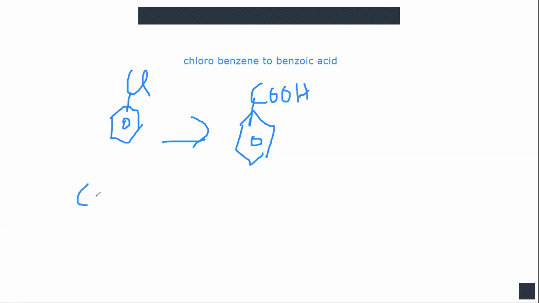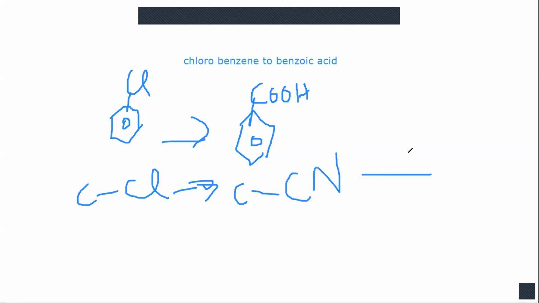Now the C-Cl bond is converted into a C-CN bond first, which on hydrolysis with 2 molecules of water gets converted into COOH.